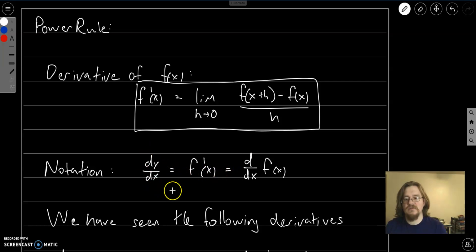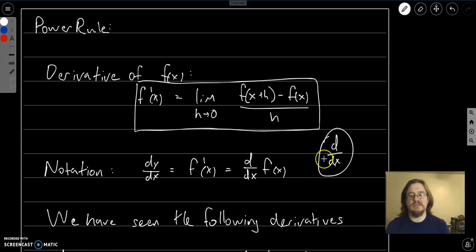There are a couple of different ways that we can write the derivative. Thus far I've just been using the prime notation, f prime of x. But we can also express this in different ways. We have dy dx and this d over dx notation, and this represents the derivative.